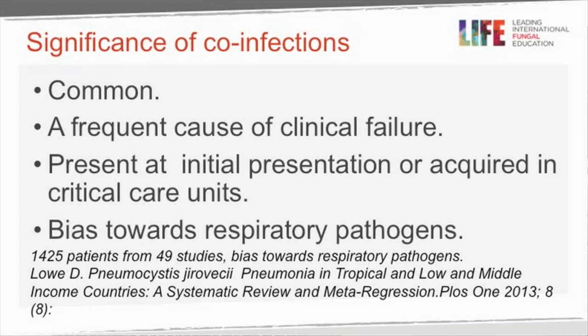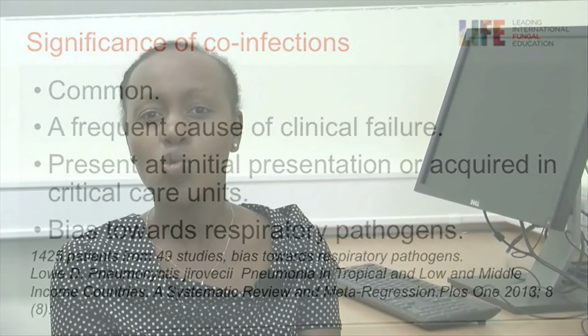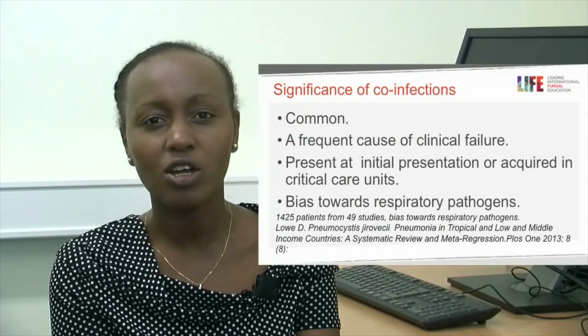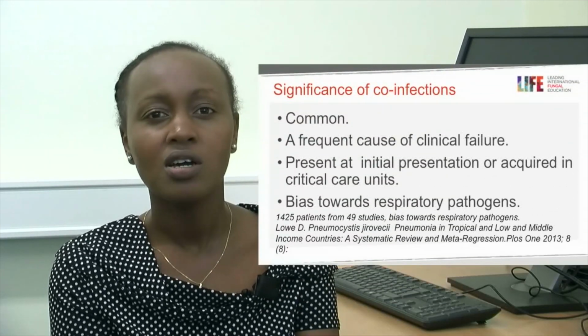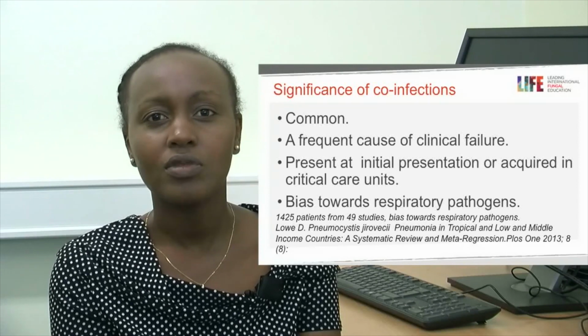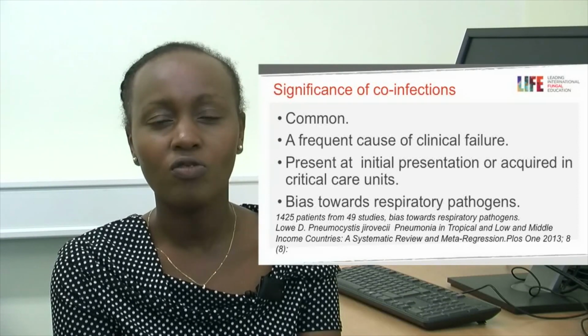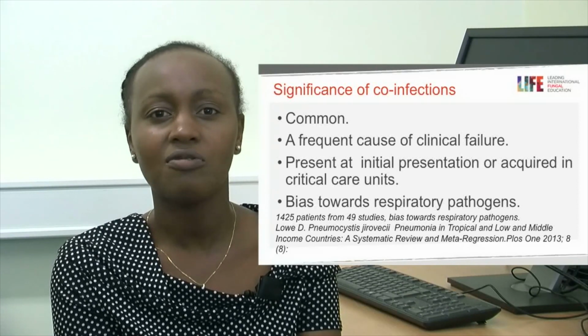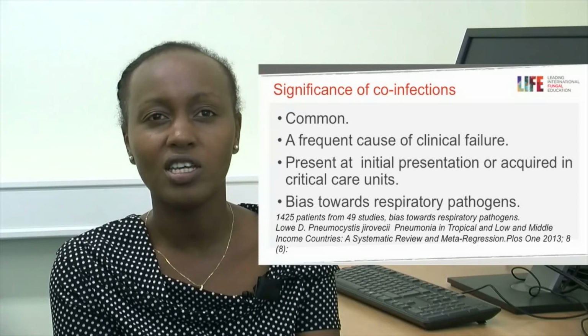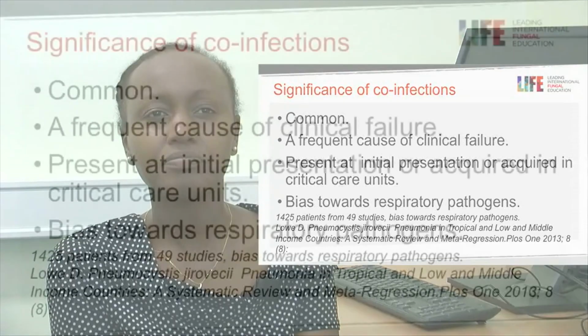Co-infections are very common with Pneumocystis pneumonia, and typically you have a pediatric patient presenting with a lower respiratory tract infection who doesn't improve on the initial antimicrobial agents they've been put on, and then that's when the thought of this being something else, a fungal infection with Pneumocystis pneumonia, perhaps occurs.